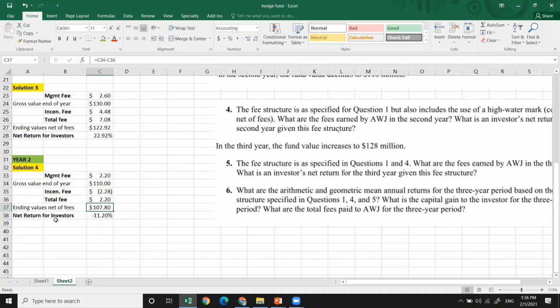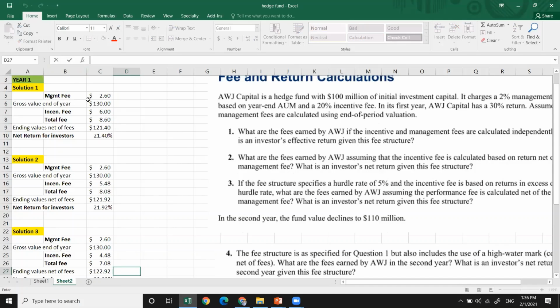It was expected because our high watermark was 130 or 122. Sorry, under this condition, this was the high watermark value, as gross value and net value.